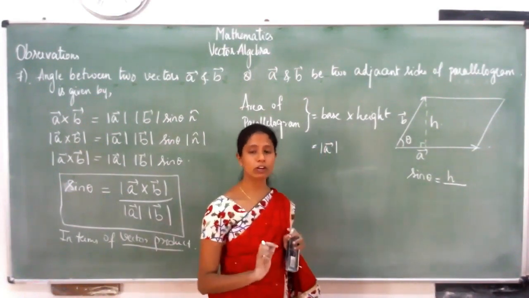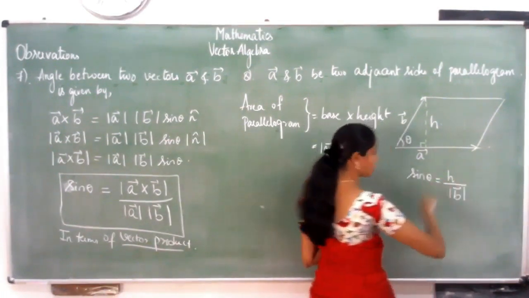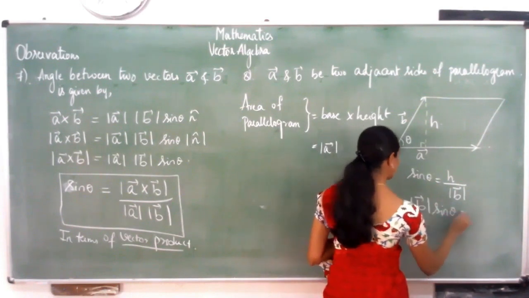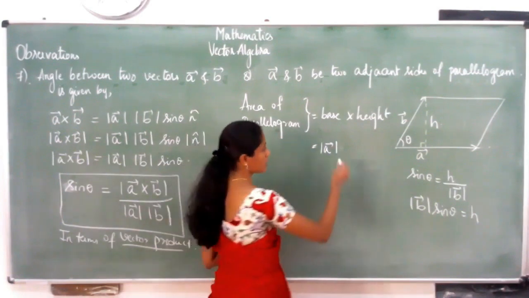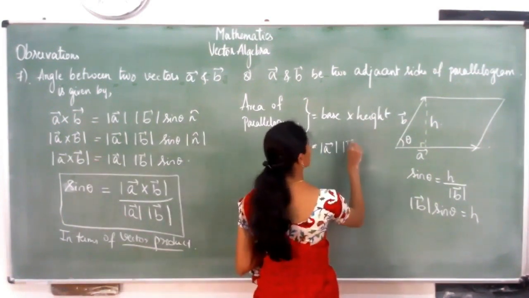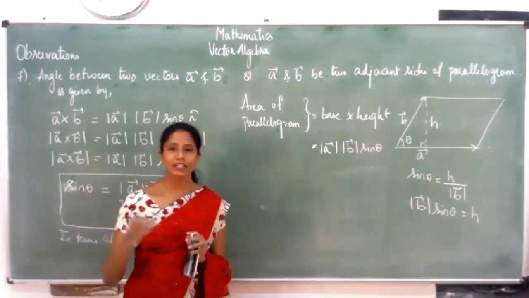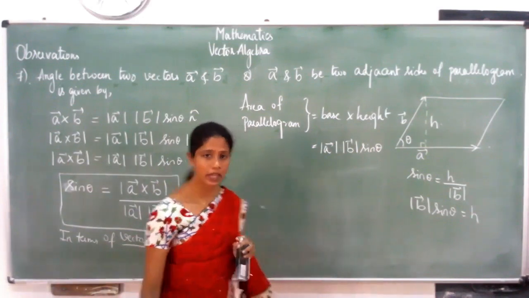But we need only the length, so we are going to take only its magnitude, magnitude of vector v. So magnitude of vector v into sine theta gives us the height of the parallelogram. So area equals magnitude of vector A into magnitude of v into sine theta.